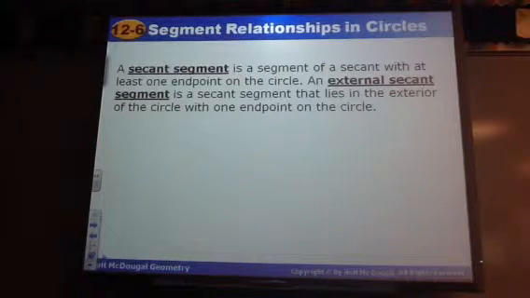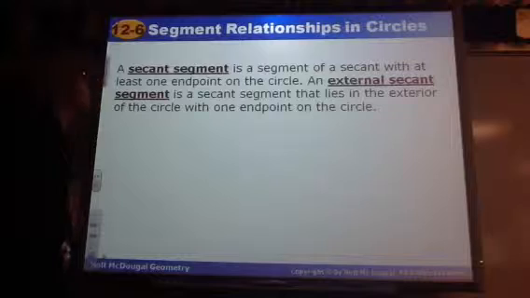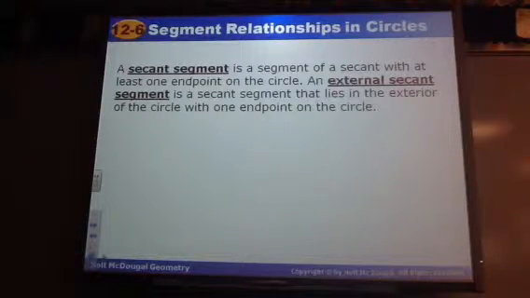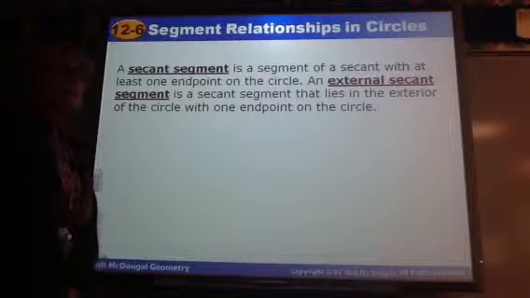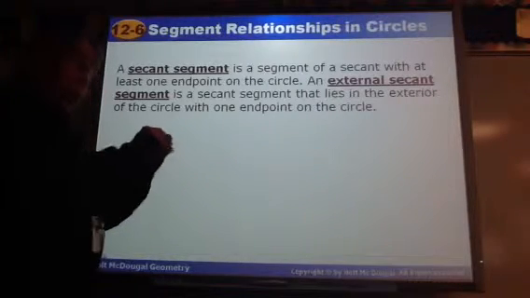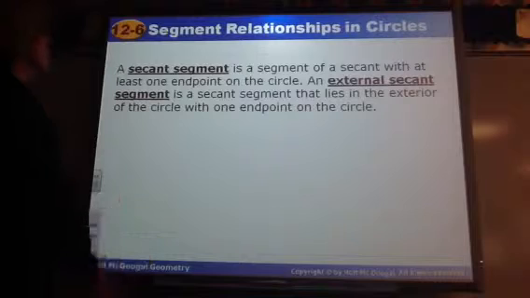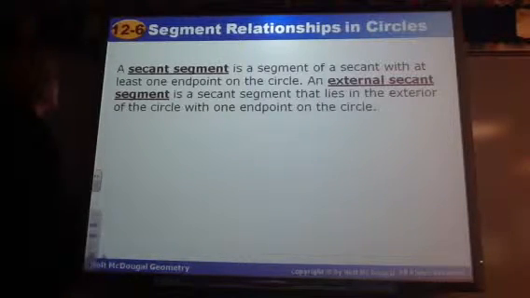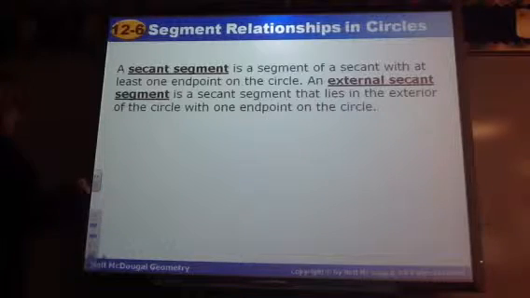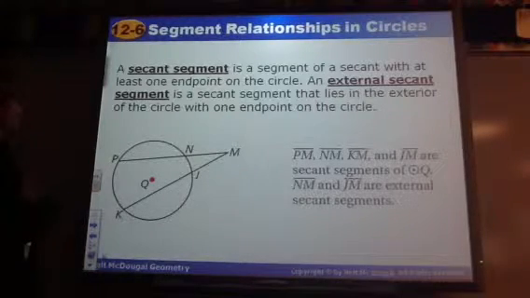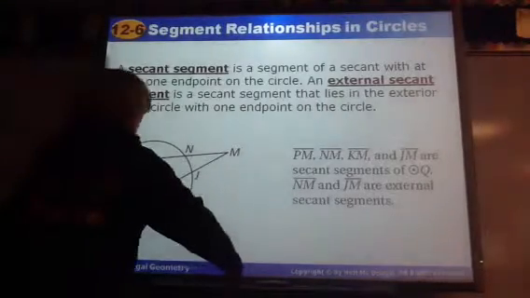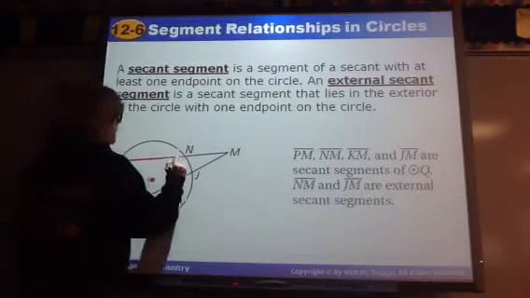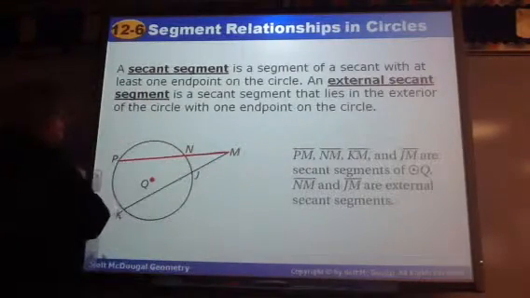All right, a secant segment is a segment of a secant with at least one endpoint on the circle. Remember, a secant is a line that intersects two points on the circle. An external secant segment is a secant segment that lies in the exterior of the circle with one endpoint on the circle. Okay? So we have segment PM, a secant segment.